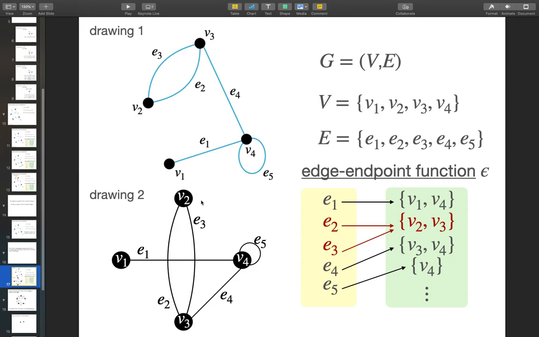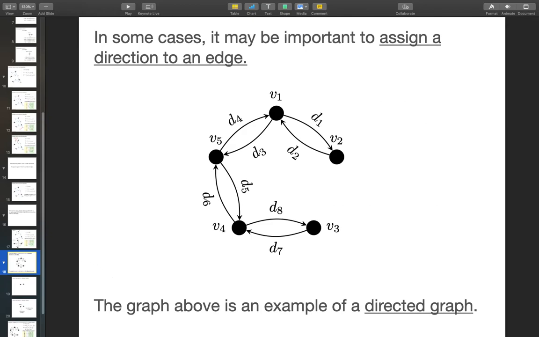So, mukhang magkaibang drawing, pero looking at the labels of the vertices and the edges, pareho lang naman yung dinidescribe nila na graph.